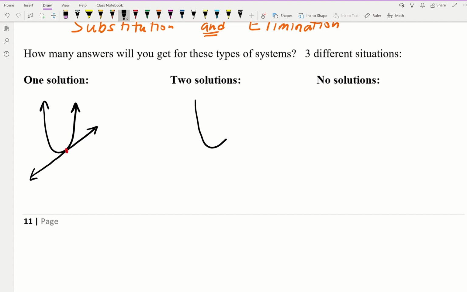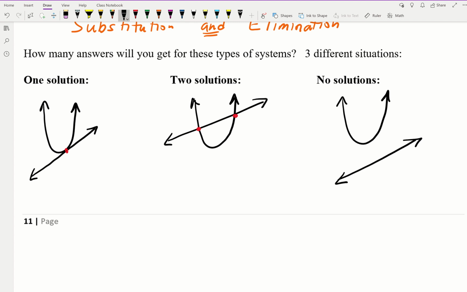There will be 2 solutions if the line goes through the parabola at 2 different points. There will be no solution if the line is in a place where it's never going to cross the parabola.